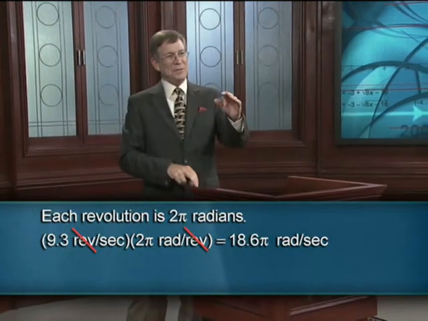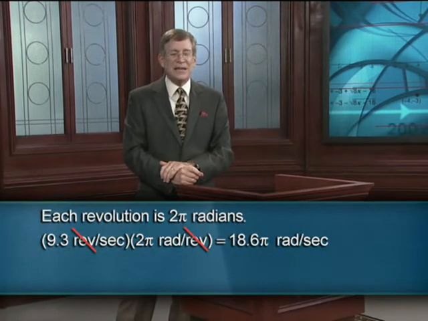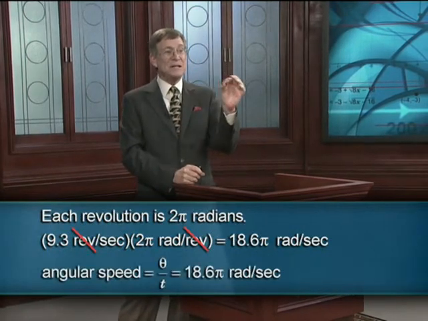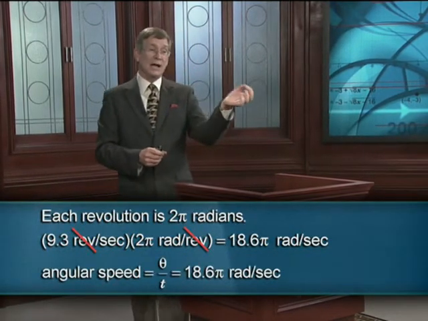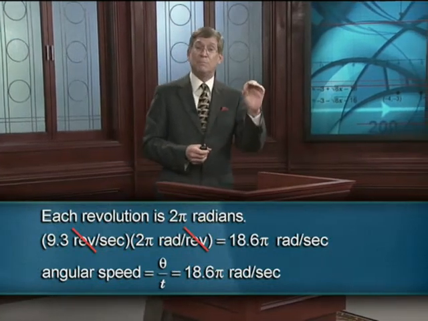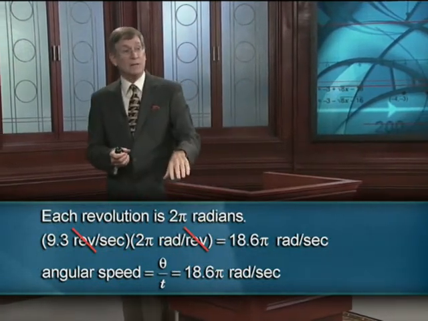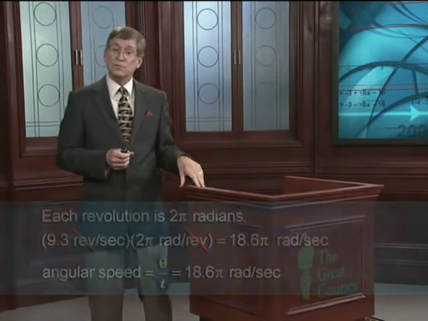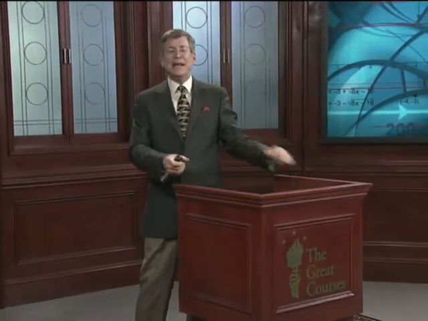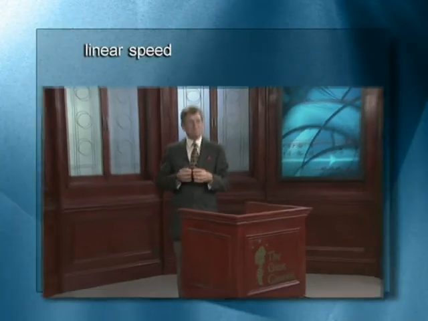And that is precisely the angular speed. It's 18.6, because 2 times 9.3 is 18.6 pi radians per second. So that's the angular speed. In other words, the angle is changing at a rate of 18.6 pi radians per second. On to the second problem.